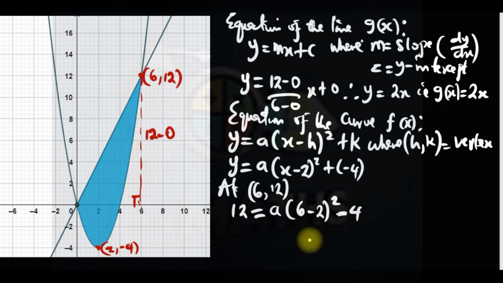So let's solve for a. This gives that a is, 6 minus 2 is 4, squared is 16. 12 plus 4 is 16. So 16 over 16 is 1, so a is 1.